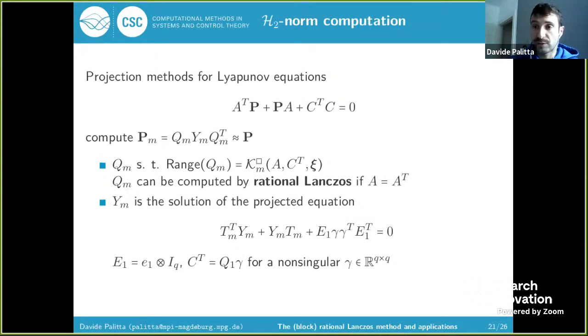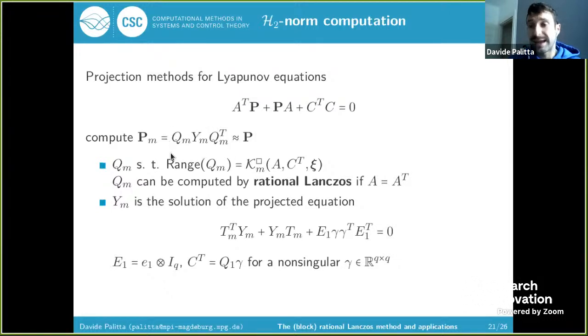So we compute this matrix YM, and it can be shown that this is equivalent to imposing a Galerkin condition on the residual.